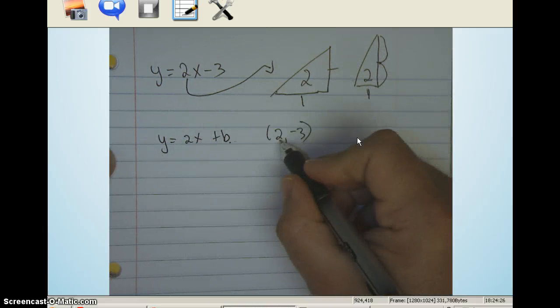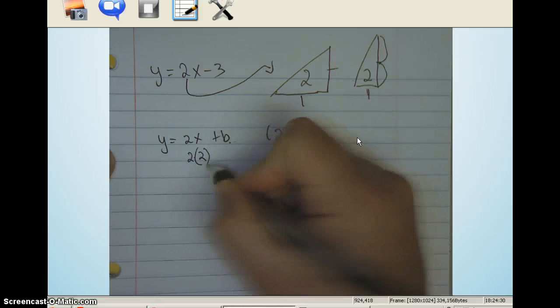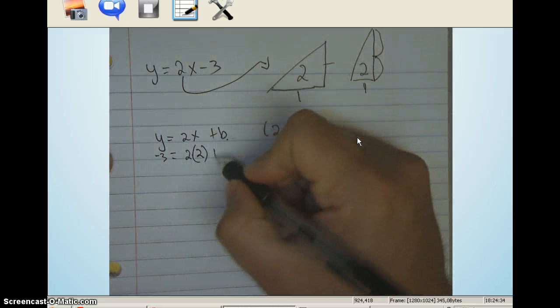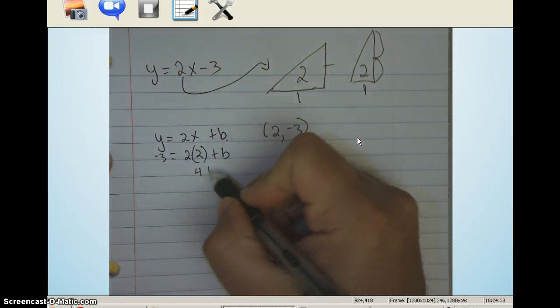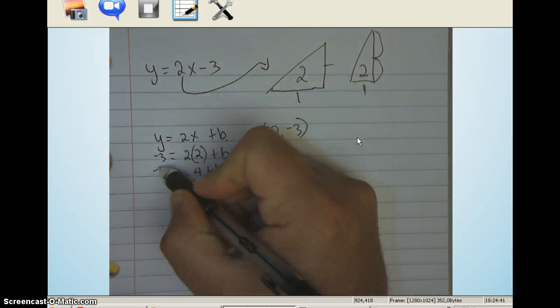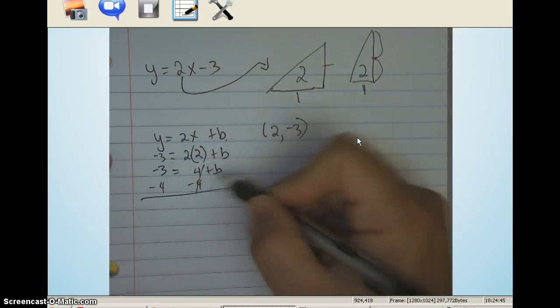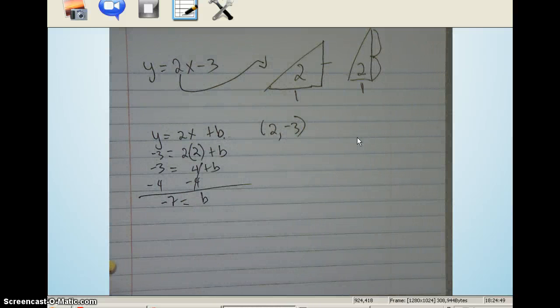So we would substitute 2 for x and negative 3 for y. Plus b. 2 times 2 is 4, plus b equals negative 3. We can subtract 4, and these cancel, and we get b equals negative 7. Negative 3 take away 4 is negative 7.